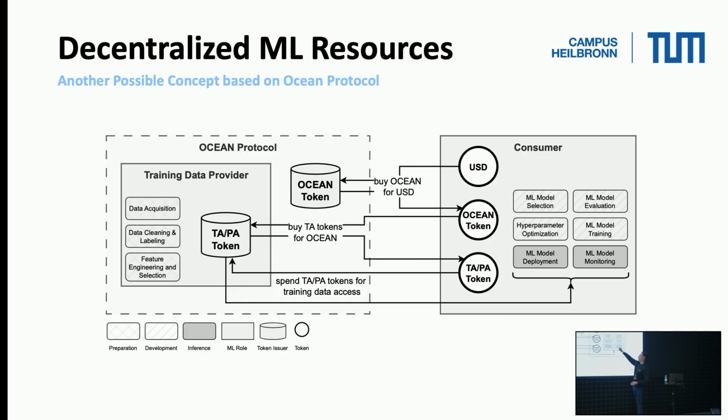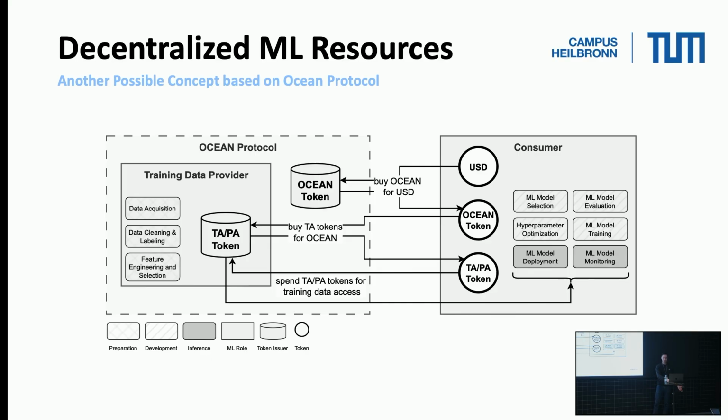And here Ocean, for example, also has its payment token, which is an intermediary for buying the permanent and temporary access tokens, and then you get a new dynamic since you have those Ocean tokens, which you somehow need to hold, but you can already invest in temporary access and permanent access tokens early on. So this is basically a short overview of what cryptoeconomic systems for machine learning provisioning could look like.